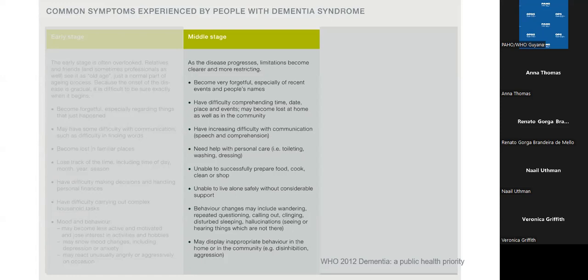Need help with personal care. During this phase, patients lose the ability to perform basic activities of daily living. They will start to need support to perform self-care activities like bathing and toileting.